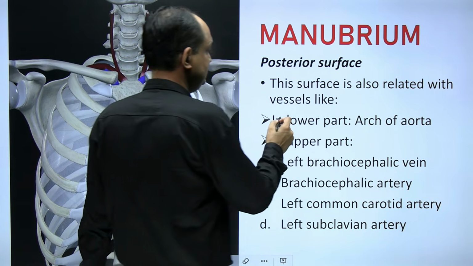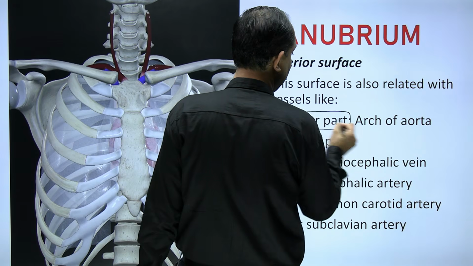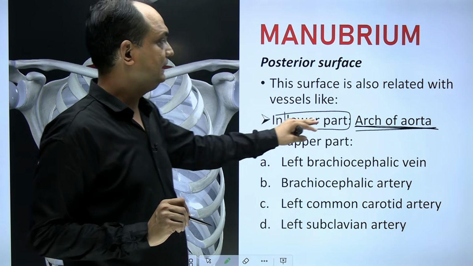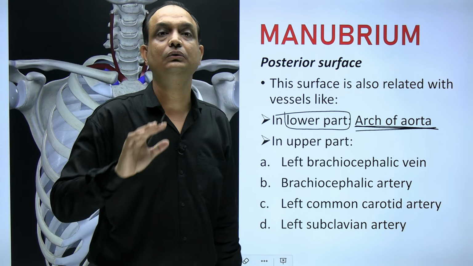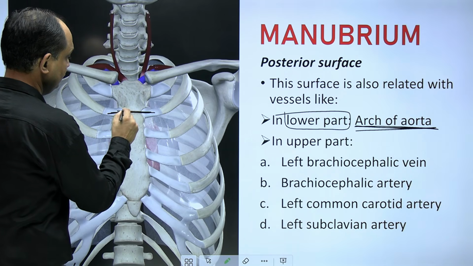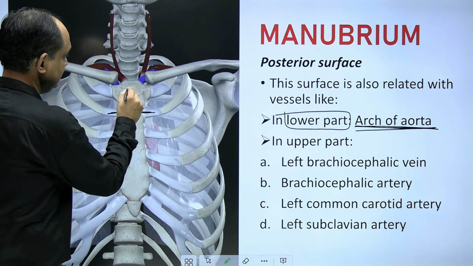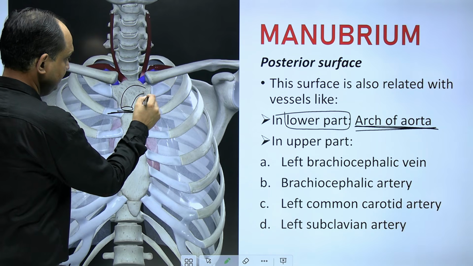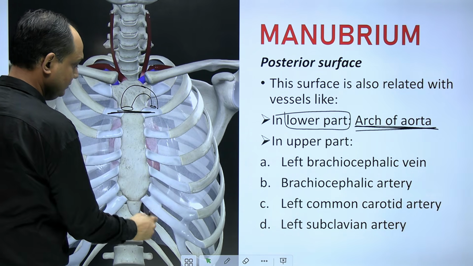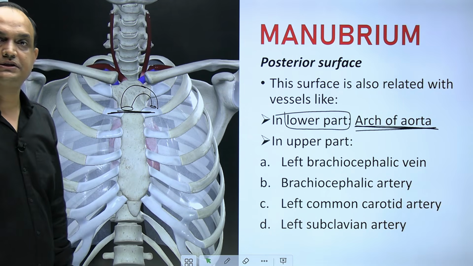In the lower part, you have a relation with the arch of aorta. This is again a conceptual thing to understand: at the level known as the sternal angle, your arch of aorta begins. It will take a posterior course and then descend as the descending aorta into the posterior mediastinum.